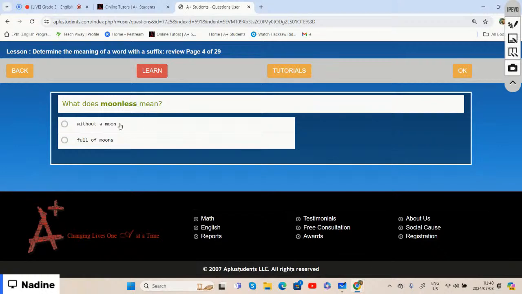Like for example, less means without, right? So now it says, what does the word moonless mean? Does moonless mean it is without a moon, option one, or does moonless mean it is full of moons, option two?